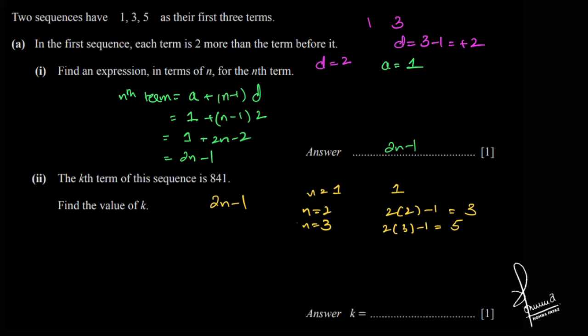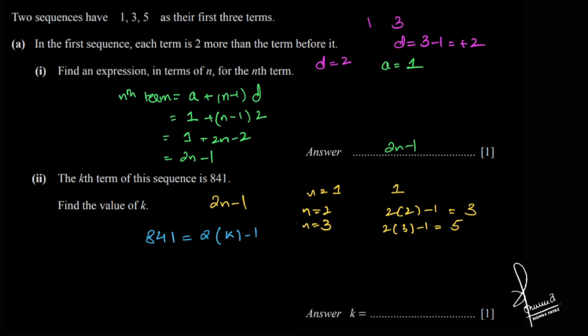Now 841 is also a term of this sequence over here, so जाहिर सी बात है कि 841 पे भी अप्लाई करेगा. That means that I can say 841 is equal to 2. Term कौन सी है? It's the kth term, right? So I am going to substitute k instead of n over here. जिस तरह हम 15th टर्म निकालते थे तो आप n की जगह 15 लगा देते थे. अब आपको kth टर्म दी हुई है तो मैं n की जगह k लगा दूंगी.